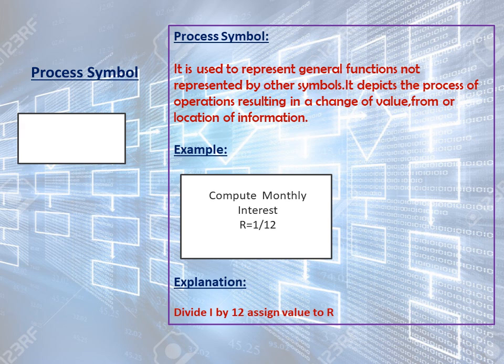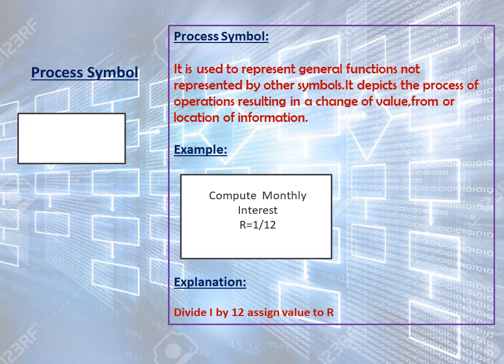So whenever processing takes place on a value, it is going to change. Suppose we insert the values 1 and 2 for the addition of two numbers. Then after the addition process takes place, the value becomes 3. So this is a symbol where we can display whatever process takes place in your program, in short.